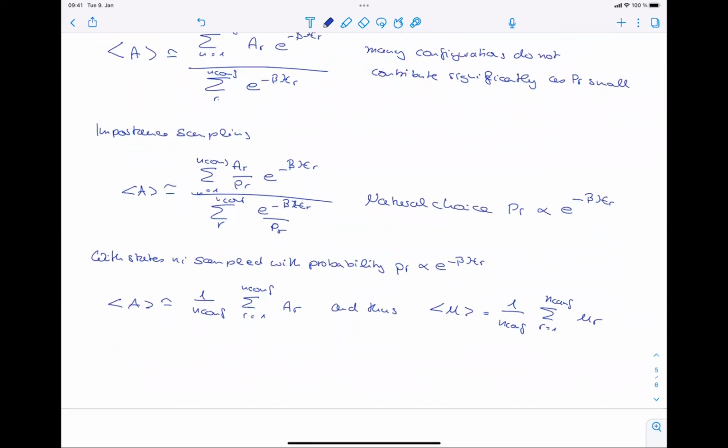Okay, so now we know what we want to do. We want to draw states according to the Boltzmann distribution, and then just calculate the magnetization or whatever other property we would have according to this. Now the question is, how do I do that, right? How do I actually efficiently draw states from this distribution?